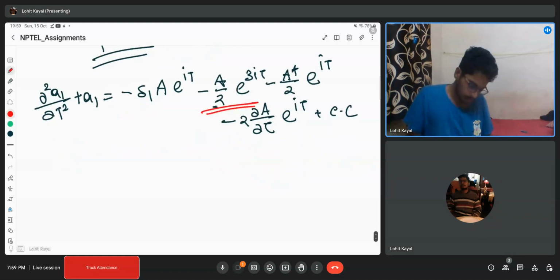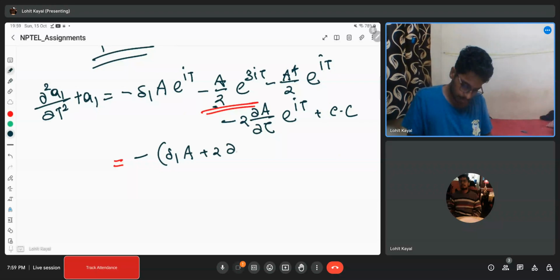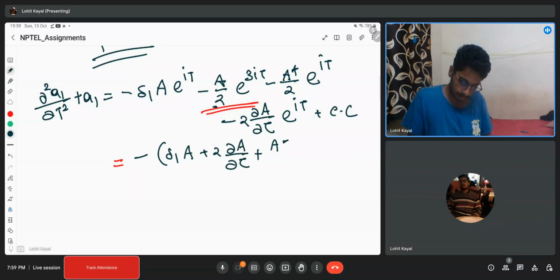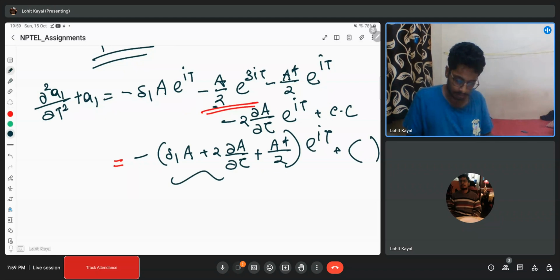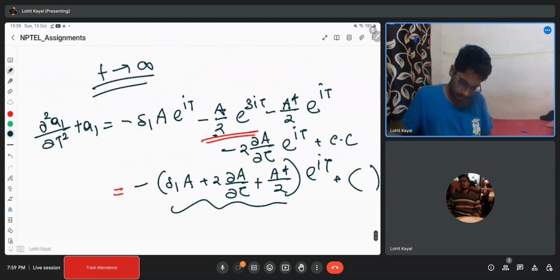So we will have, minus outside, delta 1 a plus 2 del a del tau plus a star by 2, times e to the power i t, plus some other terms.